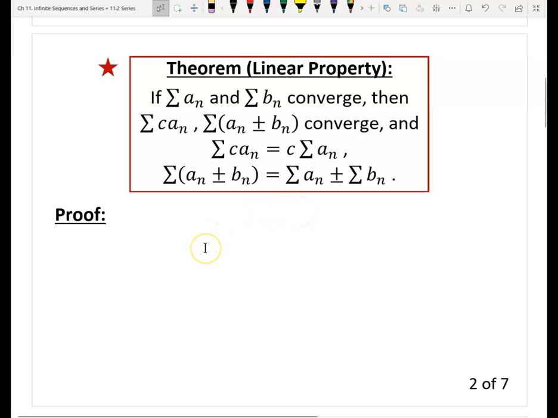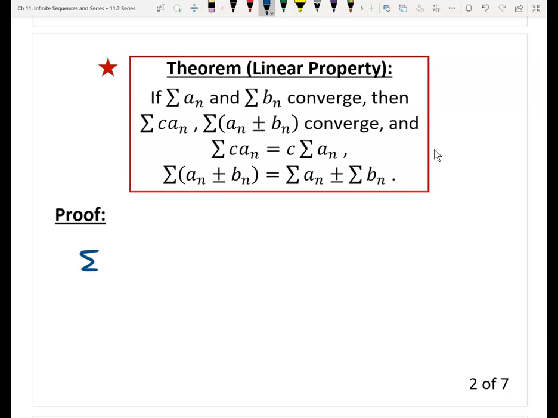Now I just want to prove it in a simple way. I prove the first one. How do we show this new series converges? We use the definition, which means the partial sum. Let me find the partial sum of the first, which is this.